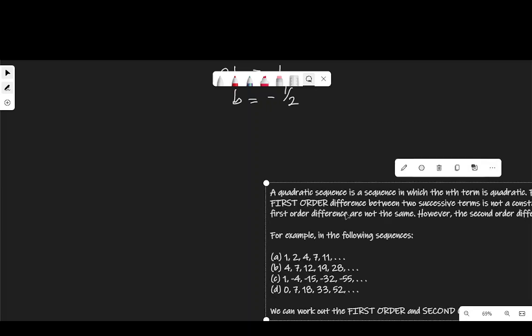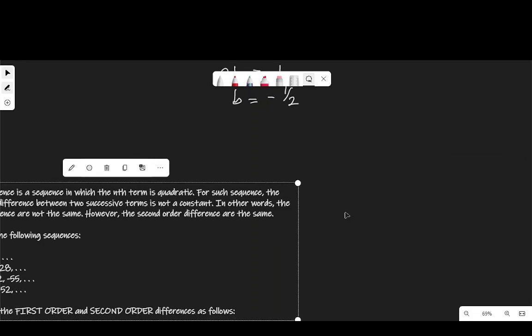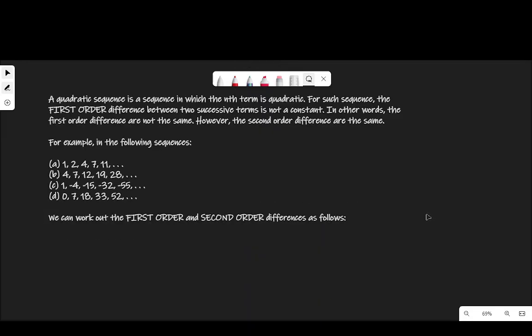So the second one is 4, 7, 12, 19, and 28.